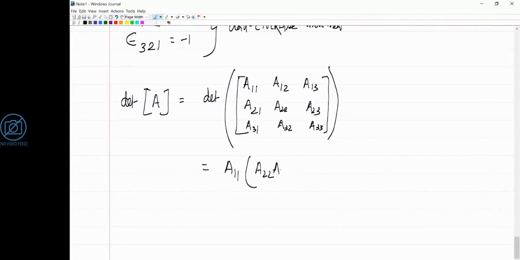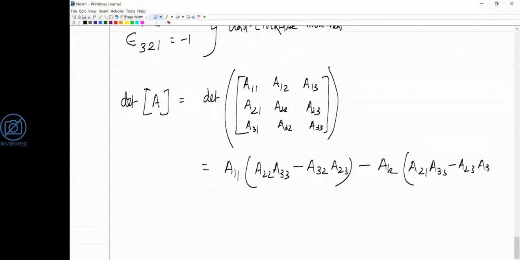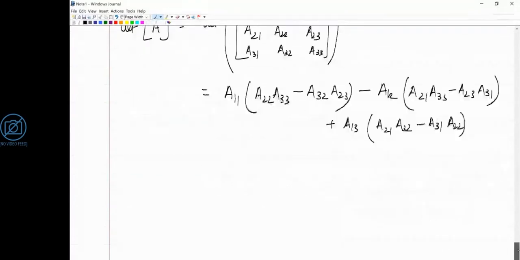Now what is the determinant? This is A11 into A22, A33 minus A32, A23, minus A12 into A21, A33 minus A23, A31, plus A13 into A21, A32 minus A31, A22, isn't it?